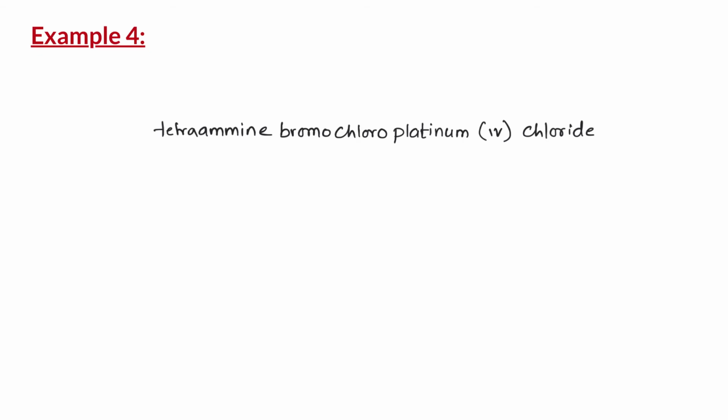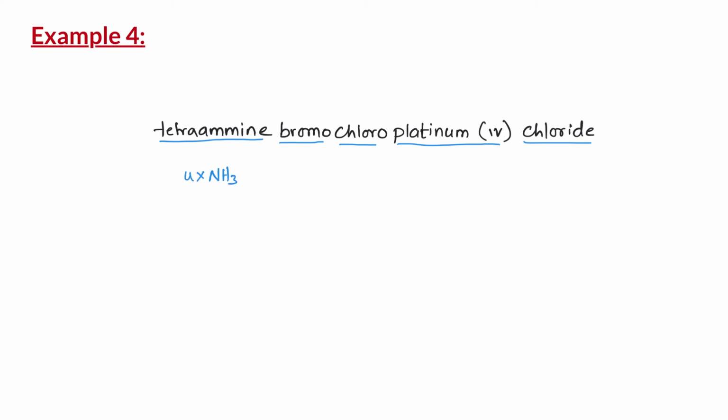The name of the coordination compound is tetraamminebromochloroplatinum(IV) chloride. So let us translate this name into formula. First, we have tetraammine. Ammine stands for NH3 and we have 4 of them.